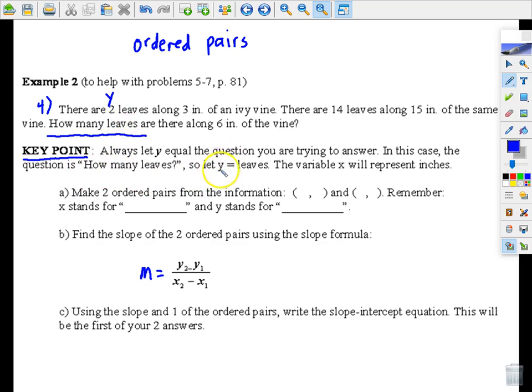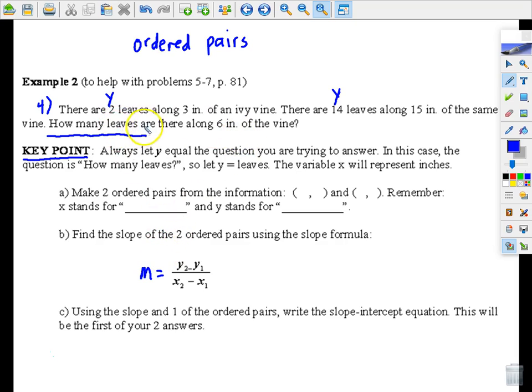So the y variable will always represent the quantity that is the ultimate question. How many leaves? It's unknown. Therefore, everything in this problem talking about a number of leaves, I'm just going to put a little y above it to help me remember how the ordered pairs are going to be set up.